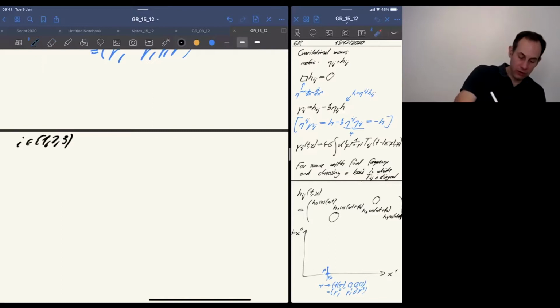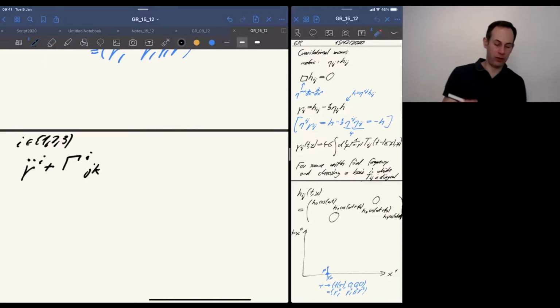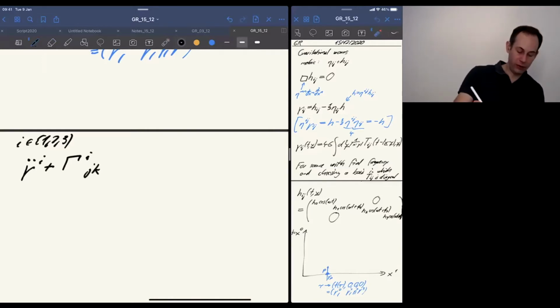The geodesic equation for any component, that's also true for the 0 component, is gamma double dot I plus the Christoffel symbol I, with summation over jk, gamma dot j, gamma dot k. Here I have to sum over all 4 possible values of these indices.